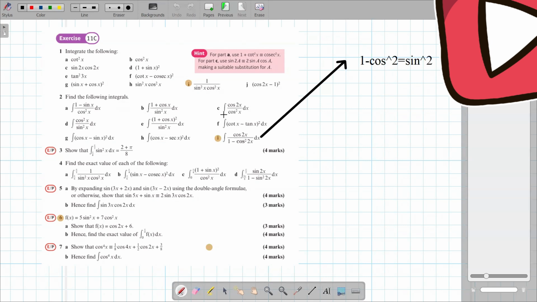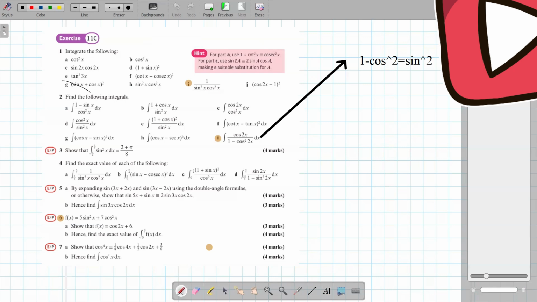Let's do I. Oh, have we already done that? Let's do one I. Yeah, the one that's got the little mark.